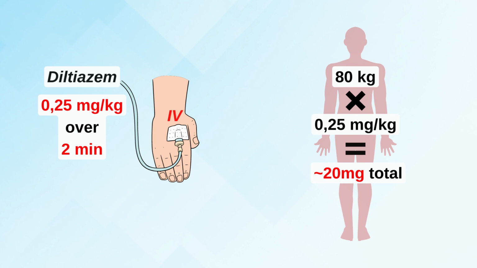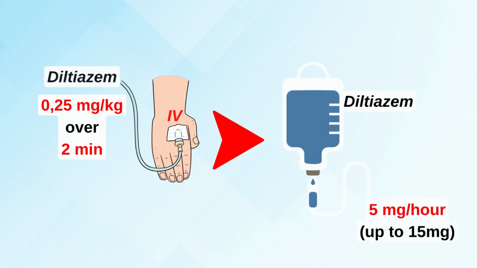That would be around 20 milligram. So one can remember around 20 milligram here. And we will follow that up with a continuous infusion of around 5 milligram per hour. If necessary, we can titrate it up to 10 milligram, and if really necessary, then up to 15 milligram per hour. But we can start with 5 milligram per hour.